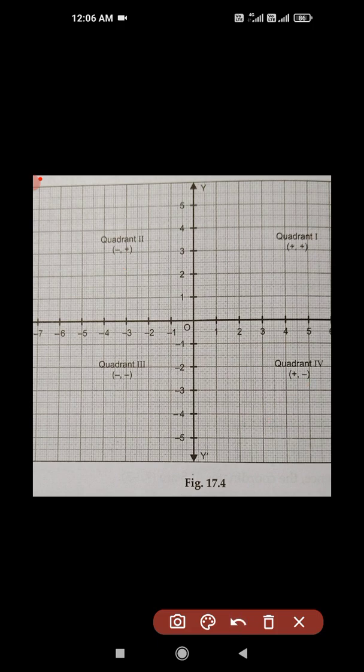And the signs are provided with the name. First quadrant will have both positive, in the second quadrant x is negative, y is positive, in the third quadrant both x and y are negative, and in the fourth quadrant x is positive while y is negative.